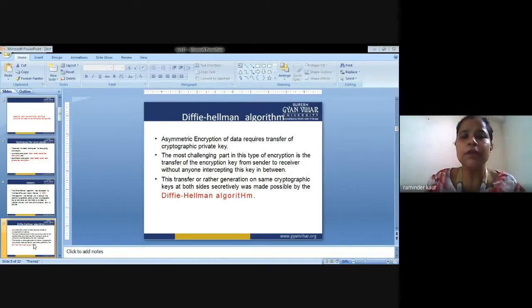This generation of the same cryptographic keys at both sides, secretively, was made possible by the Diffie-Hellman key exchange algorithm. Just have a look at the slides that I have discussed.